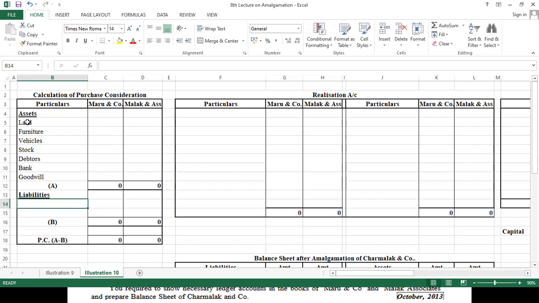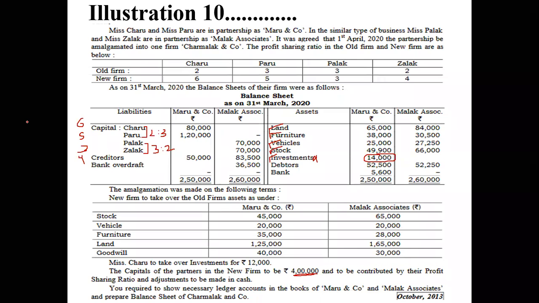On the liability side, we have creditors and bank overdraft. Now look at the new values which are given in the adjustment.